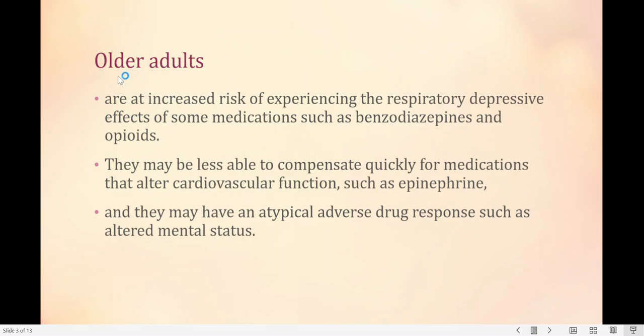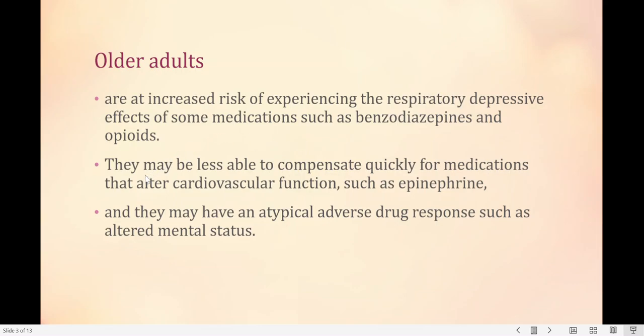This is an important aspect in young patients and also in older adults, particularly in older adults, because they are at an increased risk of experiencing respiratory depressive effects of some medications, such as benzodiazepines and opioids. Some of these are used by dental practitioners.